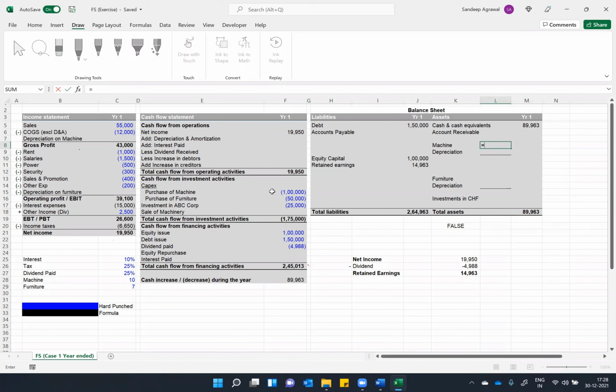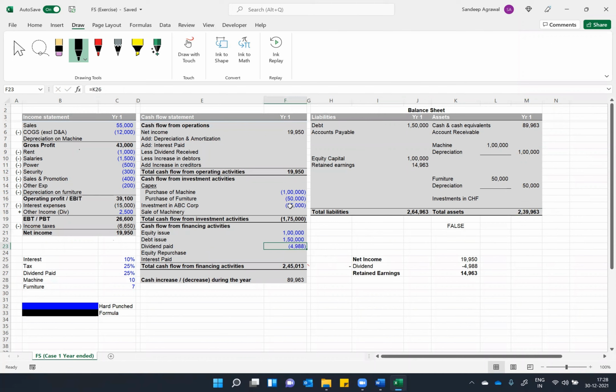Machinery. So machinery, how much machinery we had, which is 1 lakh. So we have to show it as positive number. Furniture. So we had a furniture of, we purchased a furniture worth 50,000. Right.